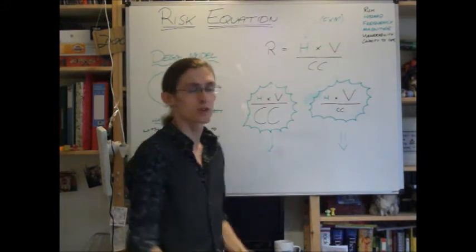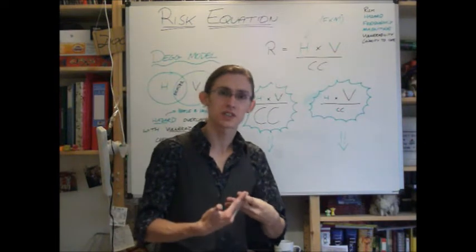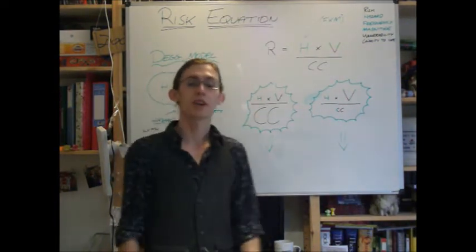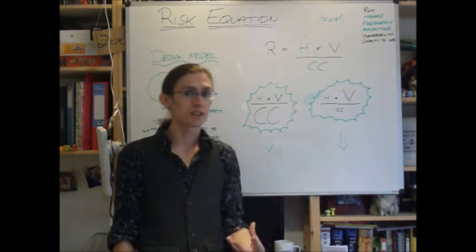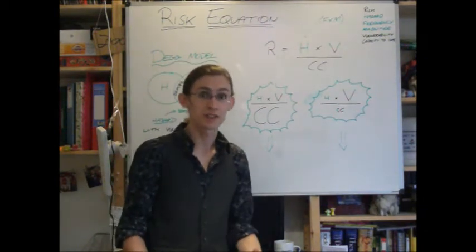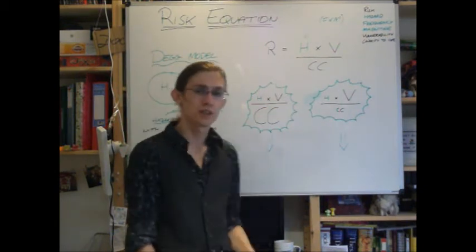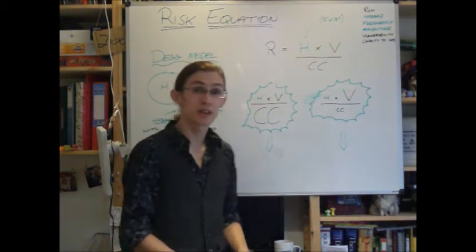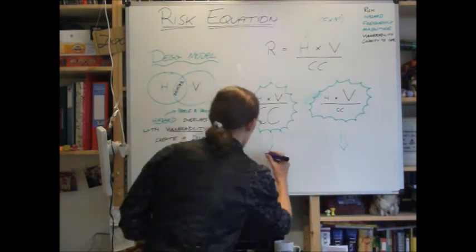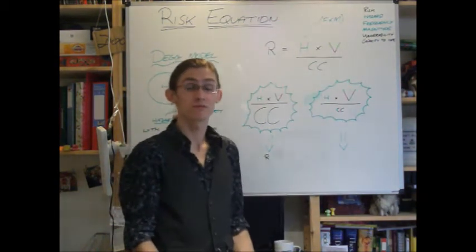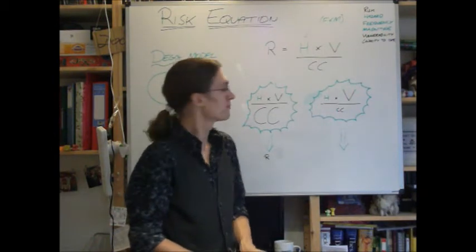So hazard times vulnerable population, we're going to get a bit of a disaster here. But we've got a big capacity to cope. They're ready for the disaster, they've got plenty to deal with it. So the risk, when we take these two and divide it by that big capacity to cope, is actually quite small, which is good.